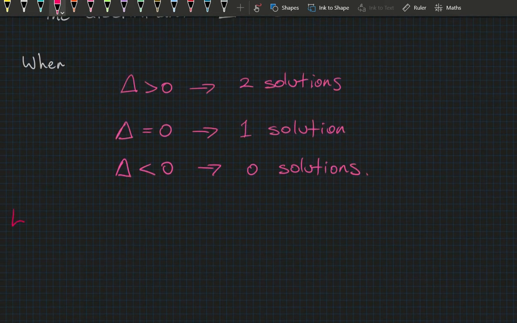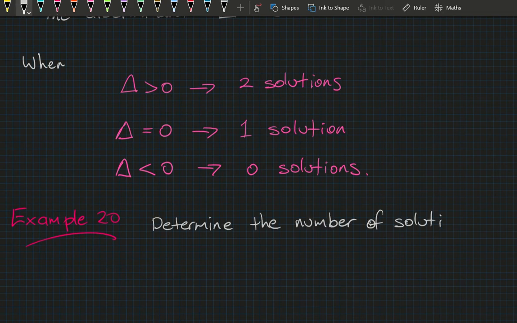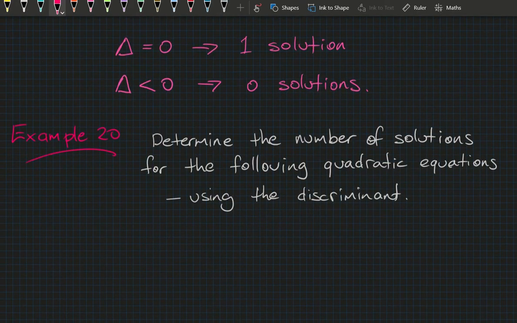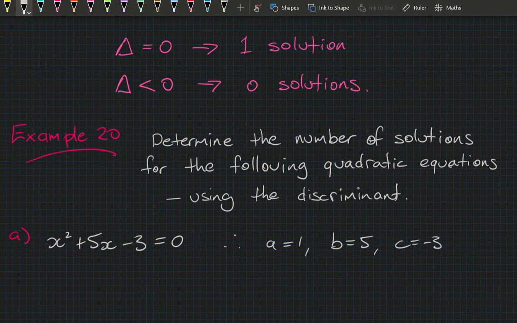Alright, so let's put this fact to use in example 20, where we're going to determine the number of solutions for the following quadratic equations using the discriminant. Alright, in part A, our quadratic equation is x squared plus 5x minus 3 equals 0. So this means that a is equal to 1, b is equal to 5, and c is minus 3.